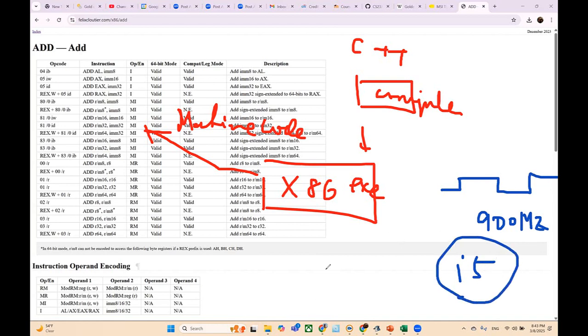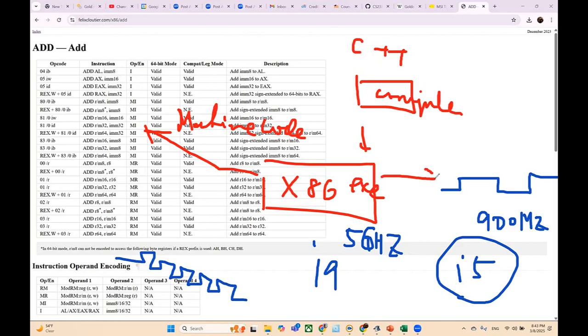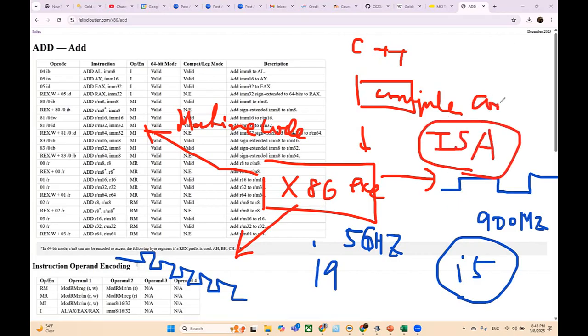Or you may have an i9 running at 5 gigahertz, extremely fast. The same program you compiled can run on either processor. Then we call them instruction set, ISA, compatible. So we say your computer is an x86 compatible computer.